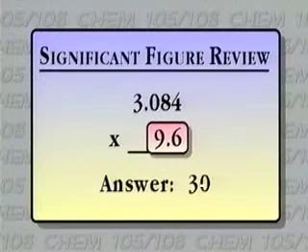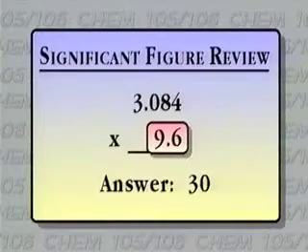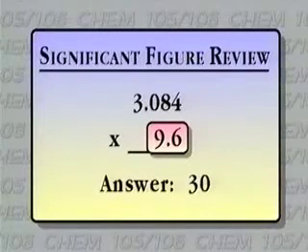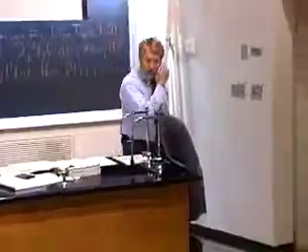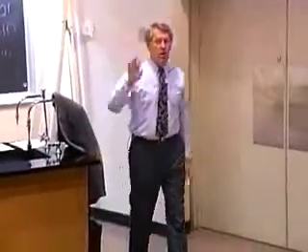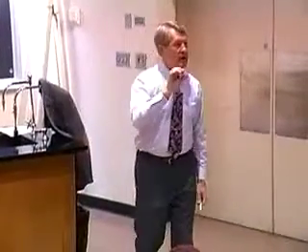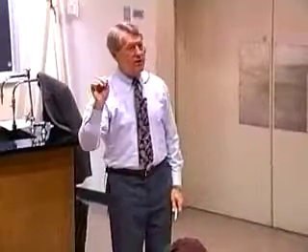Now 30 doesn't look real good as far as significant figures, however, because that 0 after the 3 is always somewhat questionable. But if we write it in scientific notation, anyone looking at our number will know that we mean 2 significant figures.